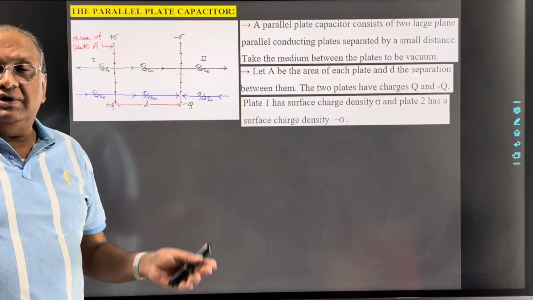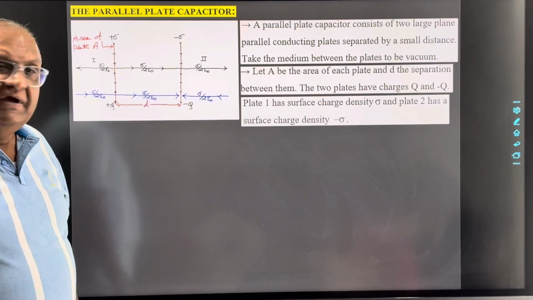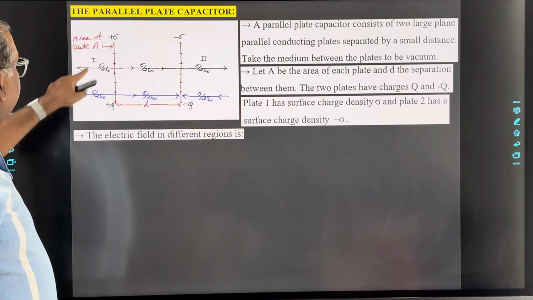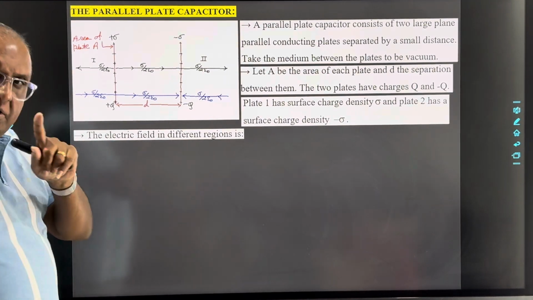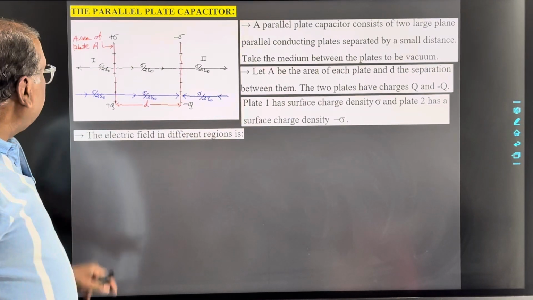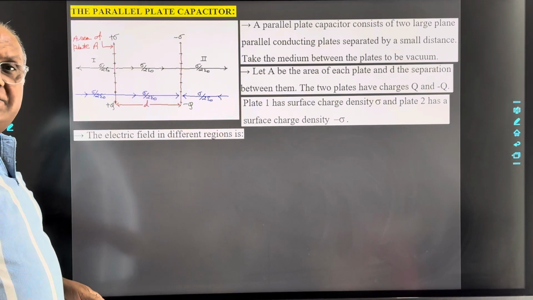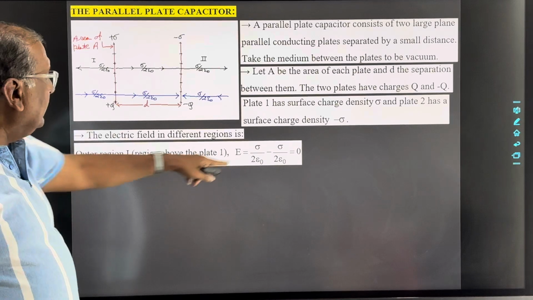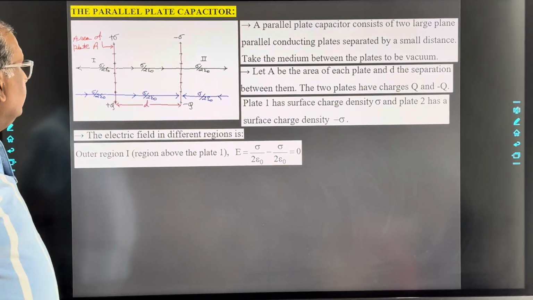Now let's think about the net electric field in all these different regions. Suppose we think about the electric field in region number 1. Due to the positive plate, the electric field is sigma upon 2 epsilon 0. Due to the negative plate it is also sigma upon 2 epsilon 0. But the directions of these two are opposite to each other. So the net field is sigma upon 2 epsilon 0 minus sigma upon 2 epsilon 0, which is equal to 0.